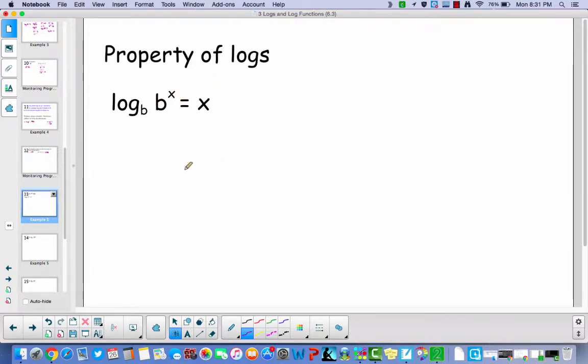That should make some sense, because if I rewrite this in exponential form, log base b is equal to x. This is my base. This is my exponent. So this side over here becomes b to the x. But what was I taking the log of? I was taking the log of b to the x. B to the x equals b to the x. That would be true for any value of b, because you'd have the same number here, and any value of x, because you would have the same number there. Make sure you get that written in your notes.